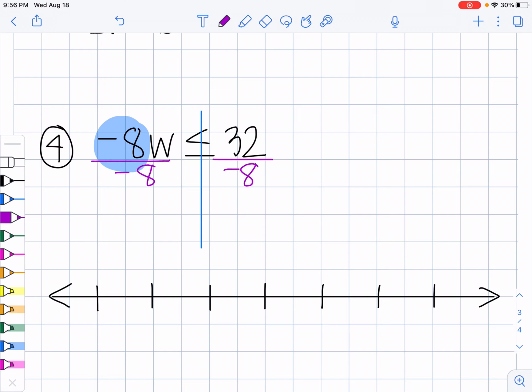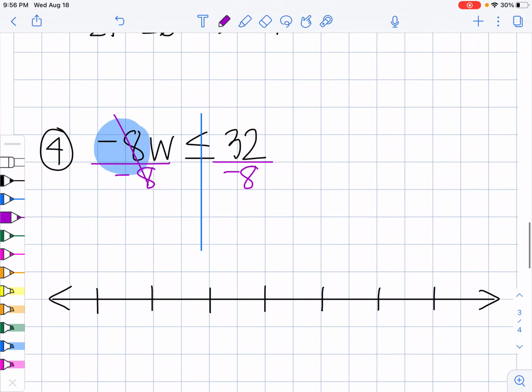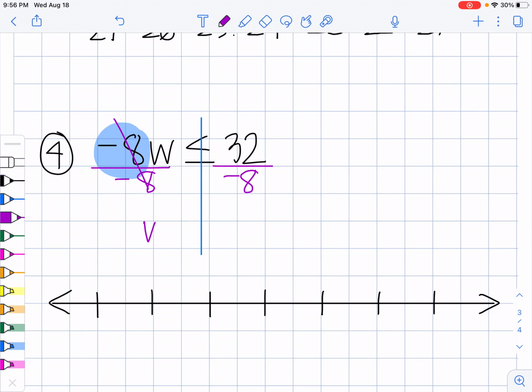Divide by negative 8. Ooh, here I'm dividing by a negative number. So I have my w, because I'm dividing by a negative number, I'm going to flip my sign. And 32 divided by negative 8 is negative 4.